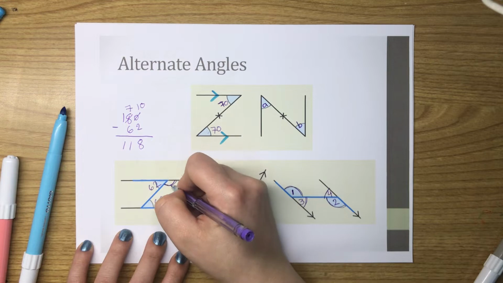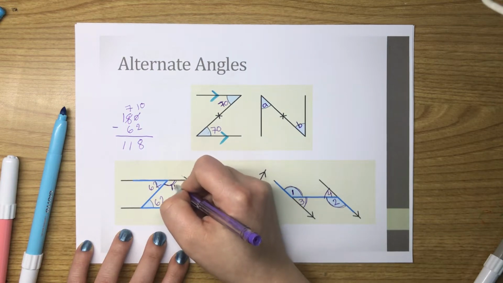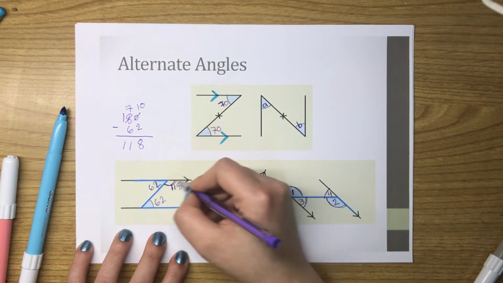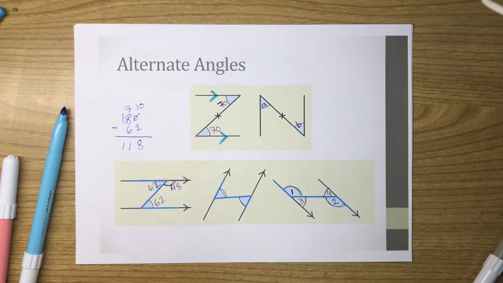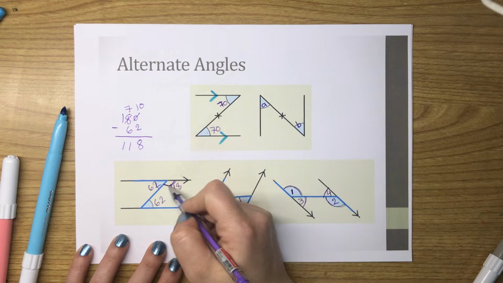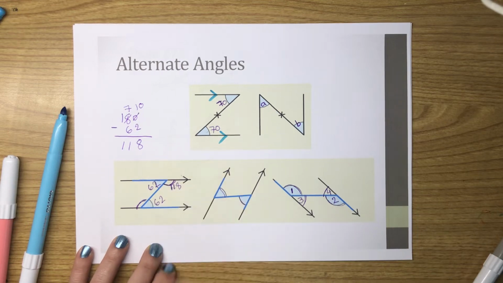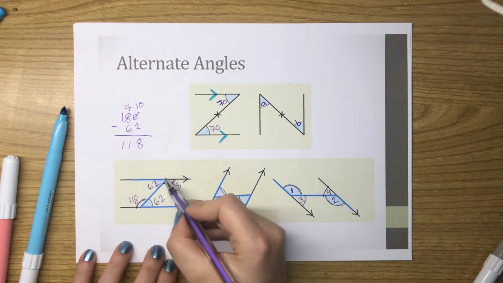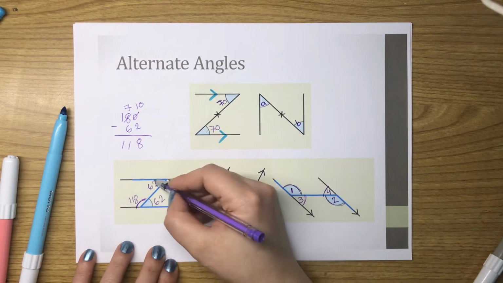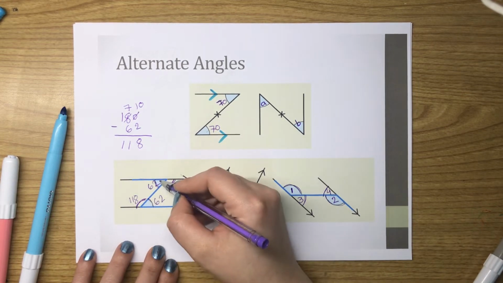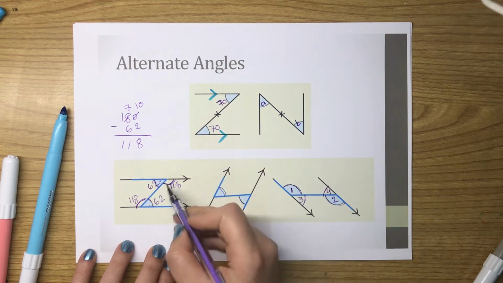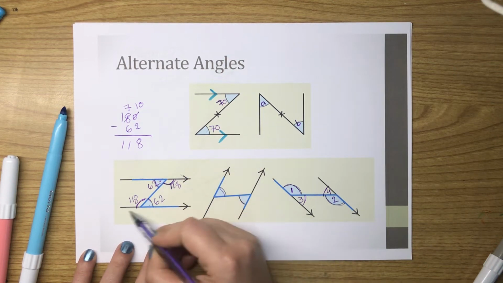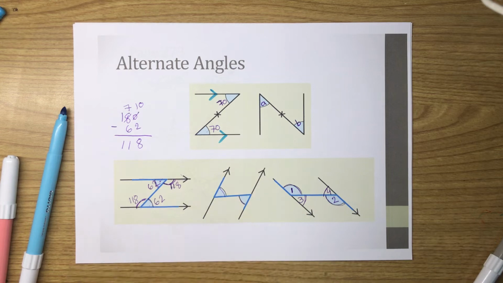So the supplementary angle is 118. Those are on one straight line, so they are supplementary angles. This one is alternating with this one, which equals 118. Alternating angle, the Z shape. 62, those shaded with blue are equal, and the opposite way, those angles are alternating.